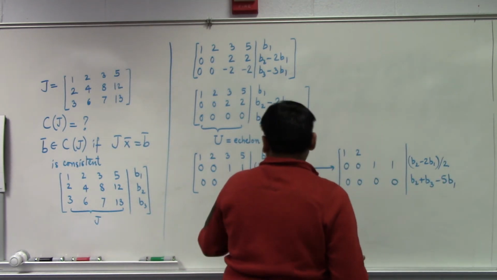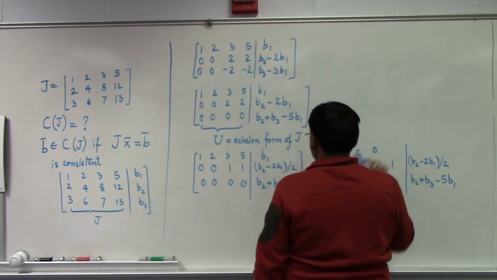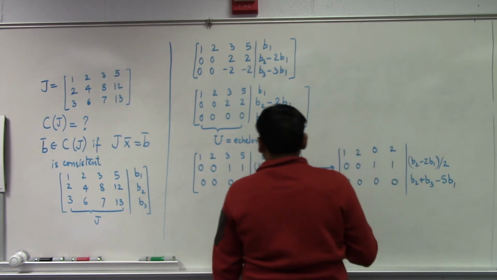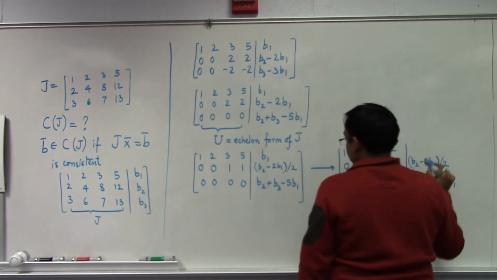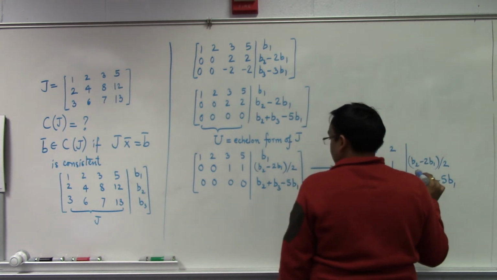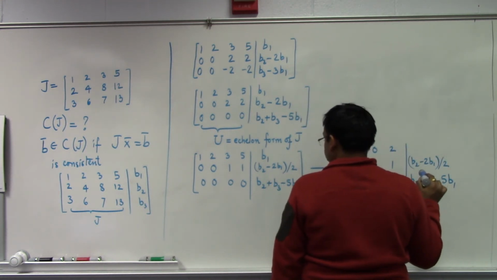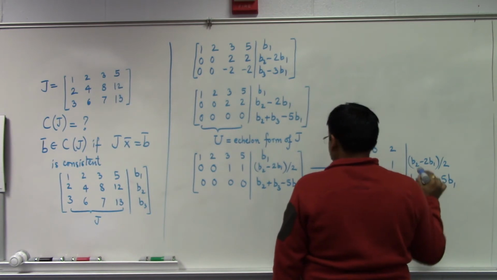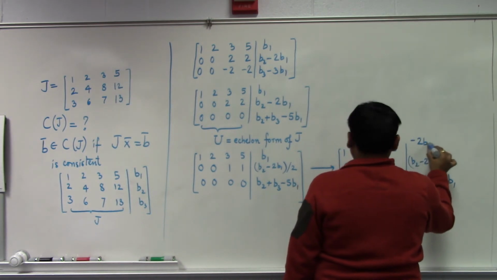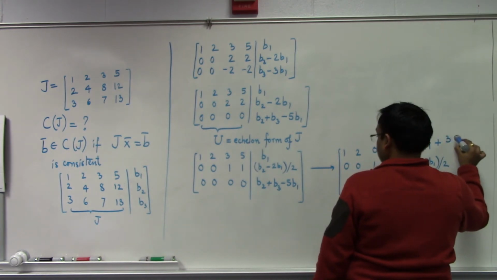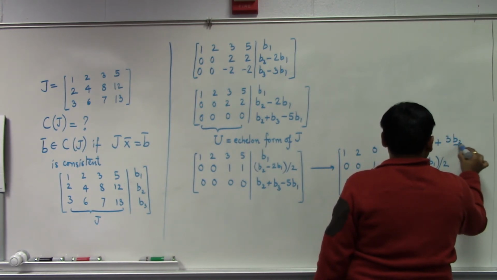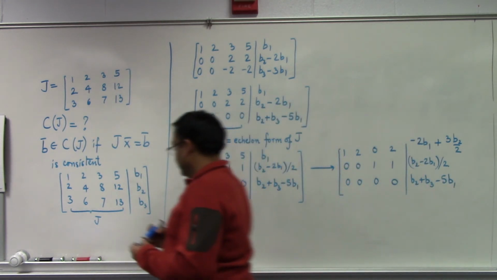So it will be minus 3 times rho 2 divided by rho 1, so this will be a 2. And here I will get something nice, or maybe not. It would be minus 2b1 plus 3b2 over 2, which will be a minus 3b2 over 2.